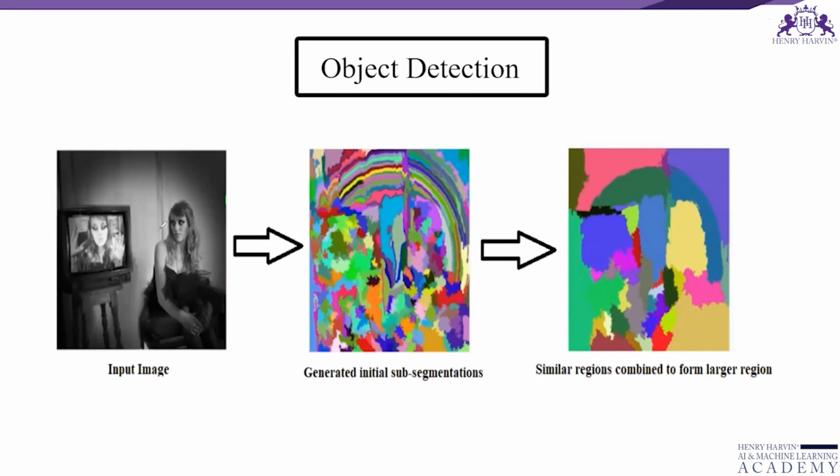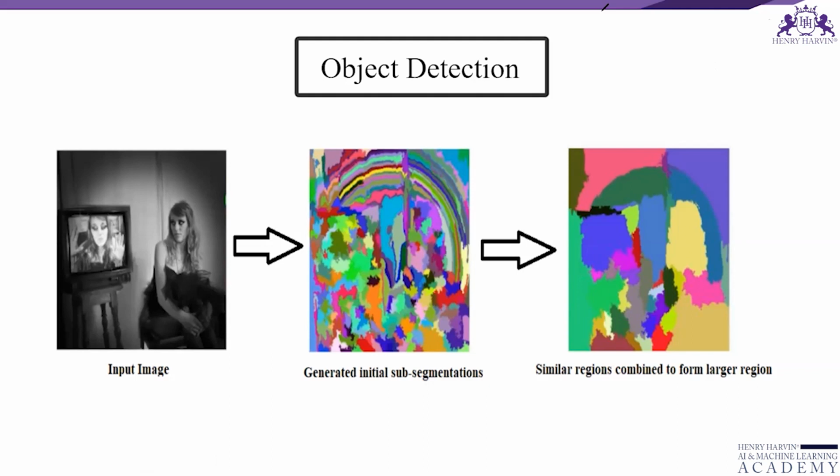Step 1, we input an image and generate initial sub-segmentations to obtain multiple regions from the image. Then these regions will be combined to form a larger region based upon color similarity, texture similarity, size similarity, and shape compatibility.